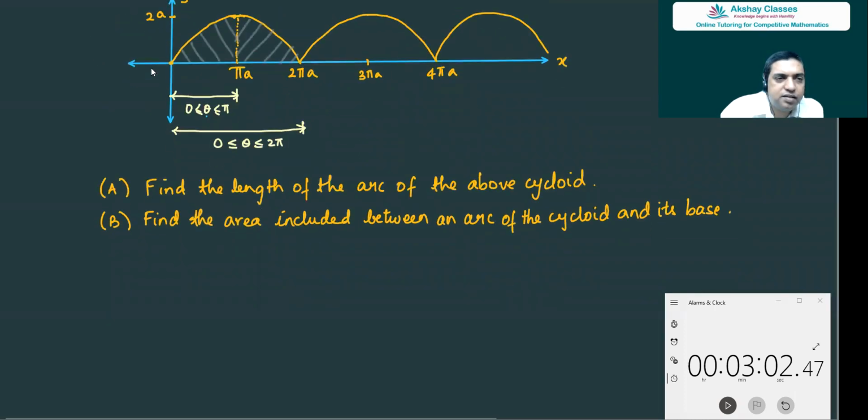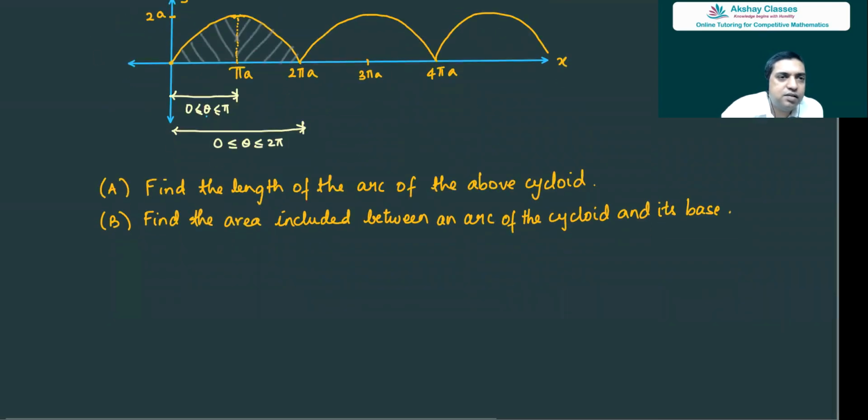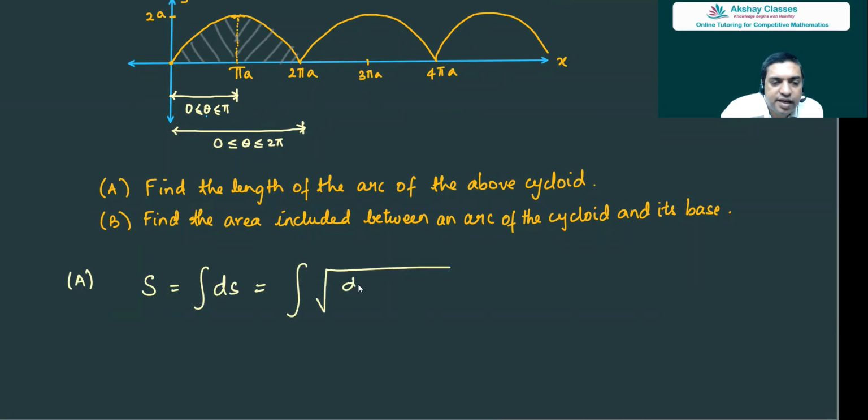The arc length S is the integral of ds, which is the integral of the square root of (dx by d theta) the whole square plus (dy upon d theta) the whole square, d theta.